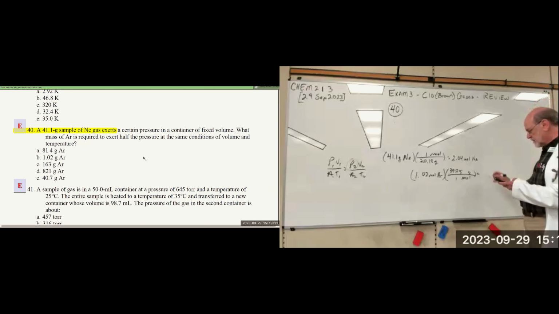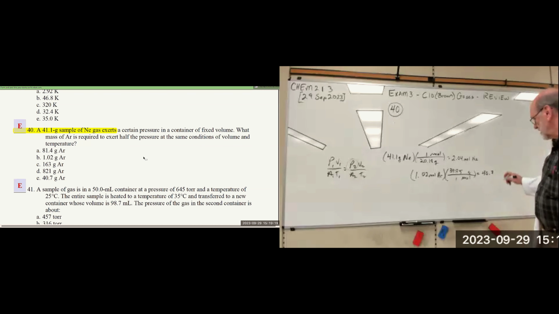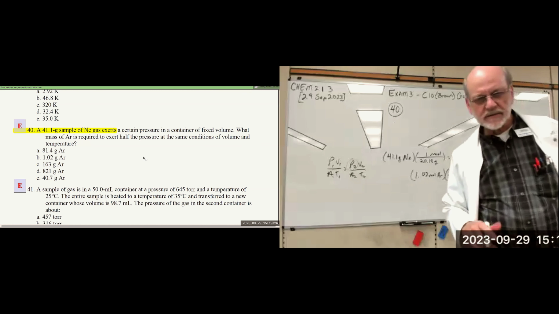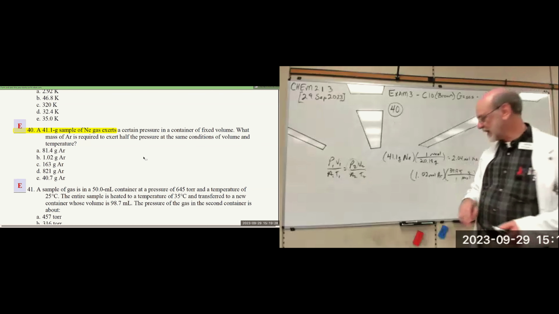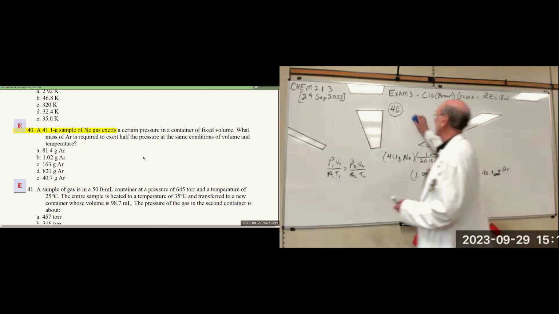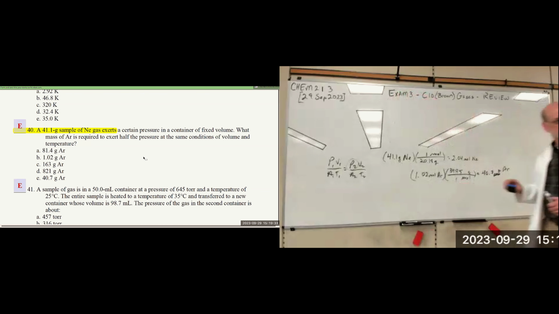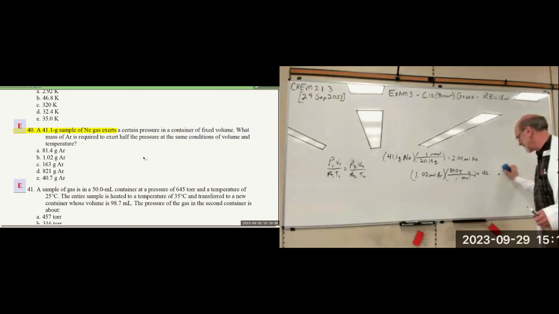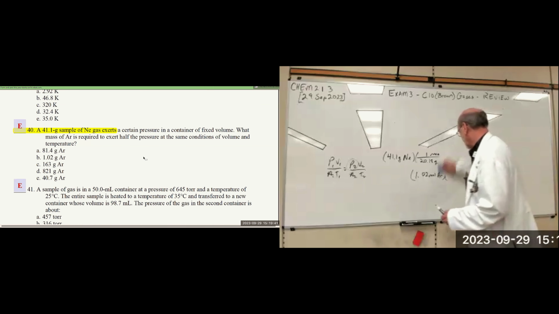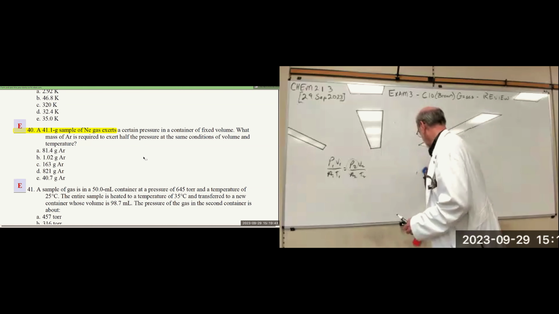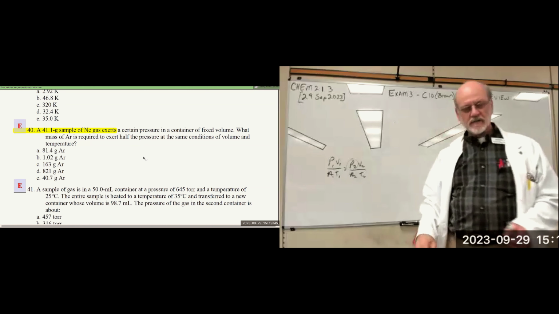And I get 40.7 rounded off, grams of argon. E. Okay. Right, we're good.